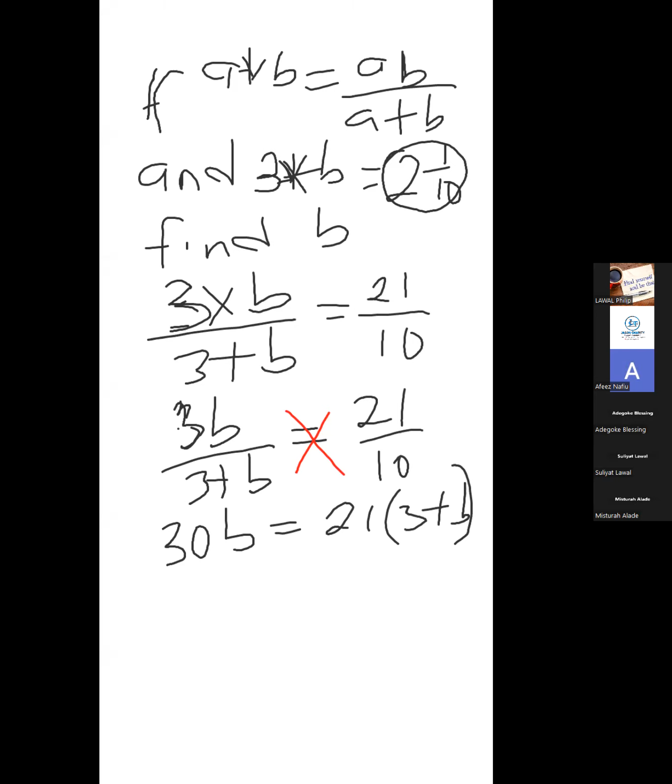So this will now give you 30B equal to 21 times 3, which gives 63, plus 21B. So we can collect like terms. These are like terms, 30B and 21B. So 21B can come to the other side. I'm just teaching you like I'm teaching a JSS student.